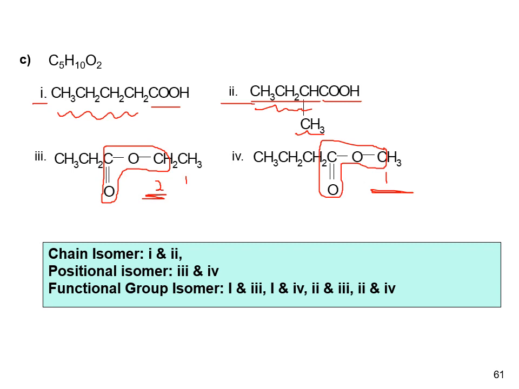And then carboxylic acid and ester are different homologous series or different classes of compound, but they have the same molecular formula. That's why 1 and 3, 1 and 4, 2 and 3, 2 and 4 are all functional group isomers.